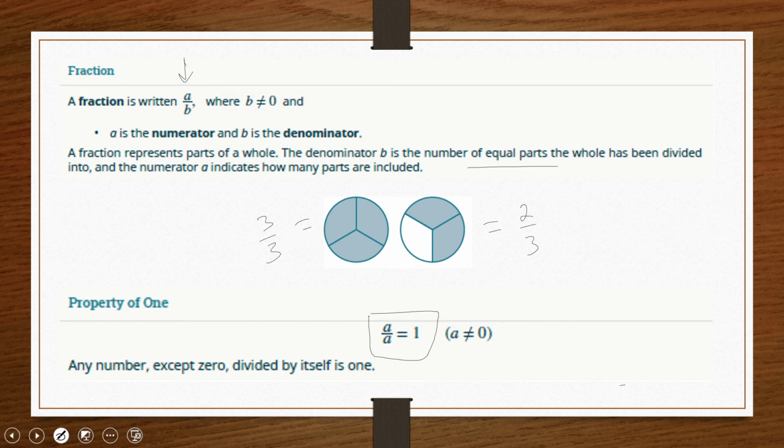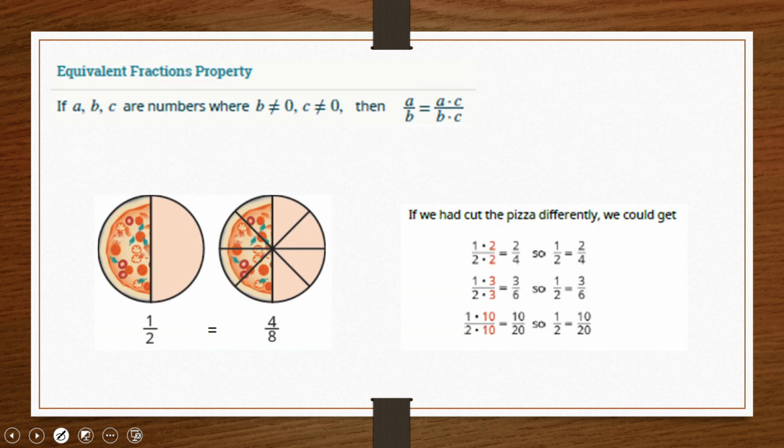Now let's talk about equivalent fractions, because there's actually several different ways to make the claims that we just did. As you see here in my example, I have the same exact pizza, but I've got it divided into two different equal parts. In the first part, we show a whole pizza divided into two equal parts, where one of the halves has been eaten, apparently.